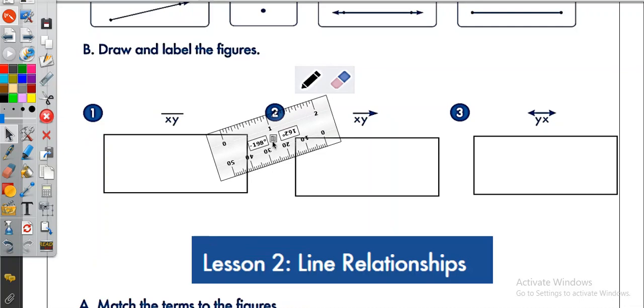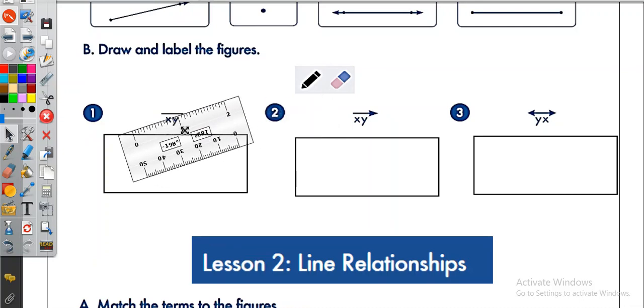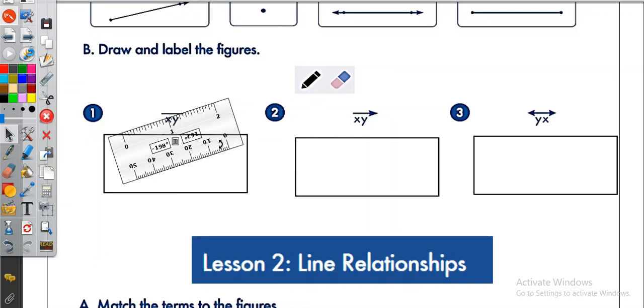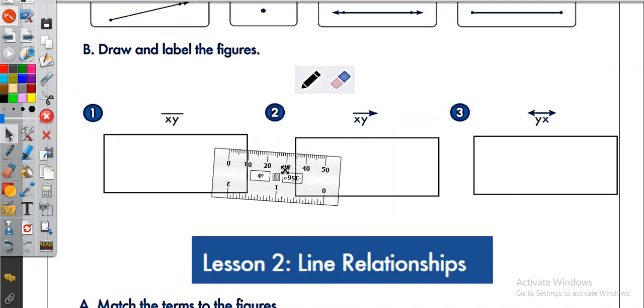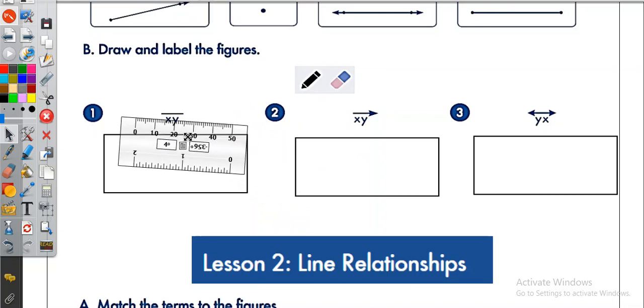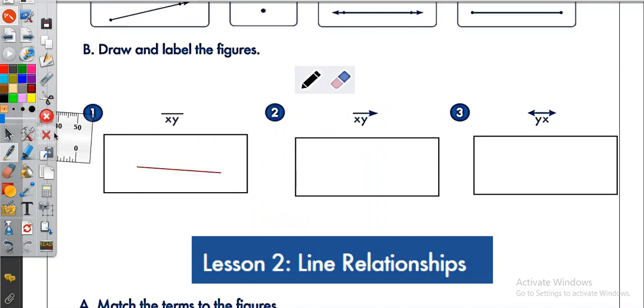Place it. Okay, here's the line. Bring the pencil and draw a line here and label the start point and end point. This is X and this is Y.